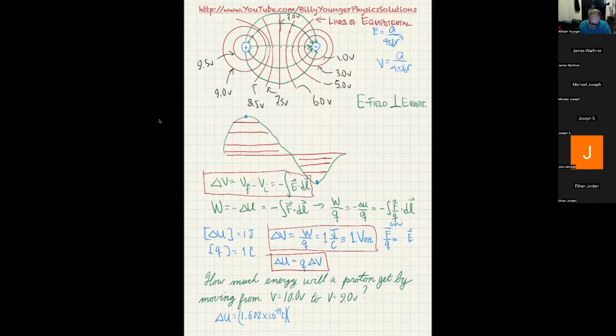So I'm going to say that the final voltage, it went from V equals 10 to V equals 9. So delta V would be 9.0 volts minus 10.0 volts, and that's obviously equal to negative 1.0 volts. So I'll get negative 1.602 times 10 to the negative 19th. Remember, a volt is a joule per coulomb, so that's actually joules.